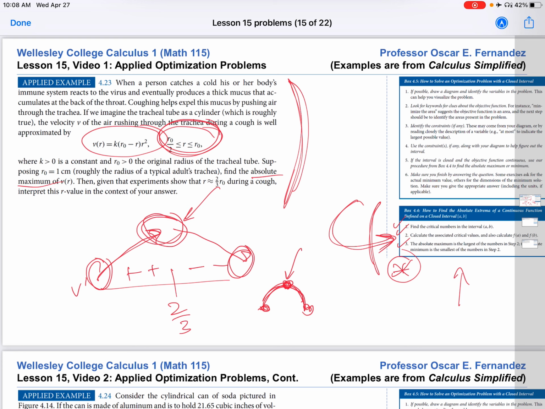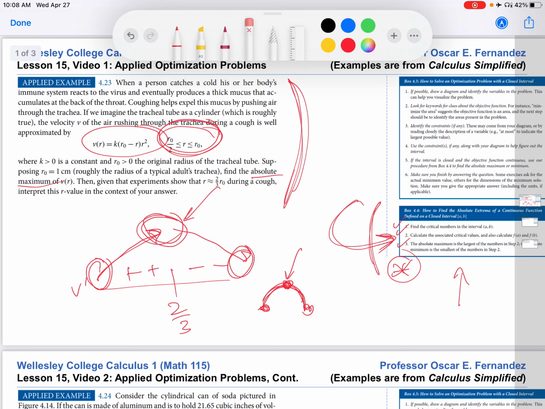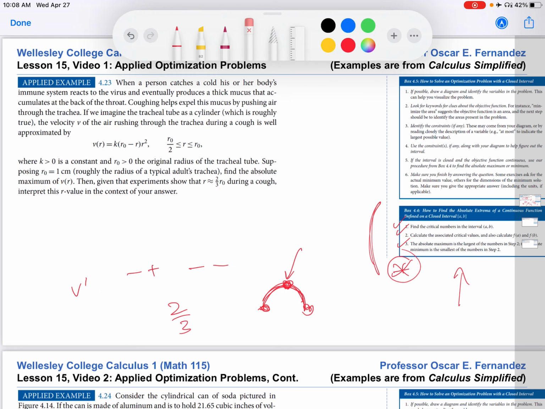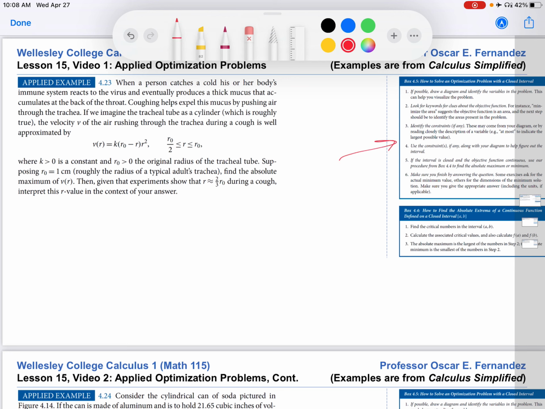So last thing I'll mention for this example, in the next couple of videos in this lesson, as I mentioned at the beginning of this video, we will talk more about this box 4.5 all the way on the right hand side. Give you a little tip. When you are doing these optimization problems, they will take a while. Certainly, this is a lot of text here to read. And there is a context here that's real-world context.